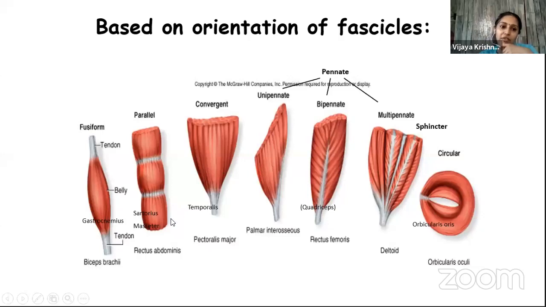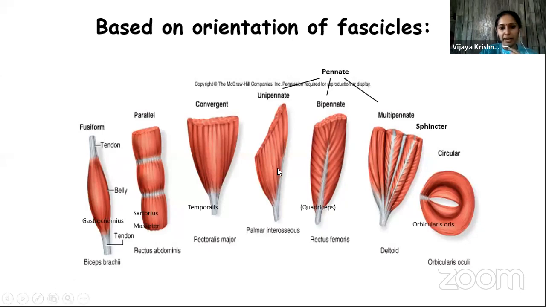So examples for each of these are biceps brachii or gastrocnemius, being in the fusiform type. When it is parallel, something like the rectus abdominis. The convergent type, where fibers converge to come to one end, are the pectoralis major or temporalis.